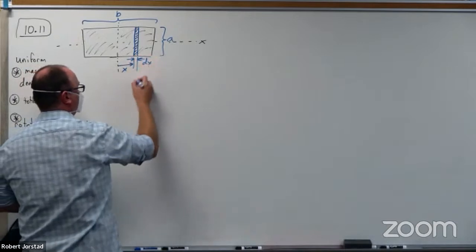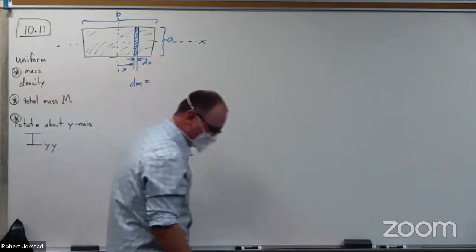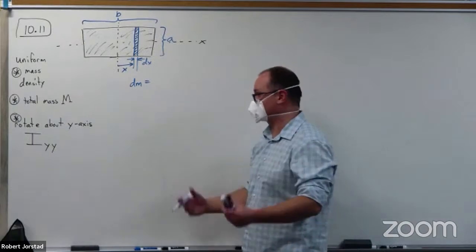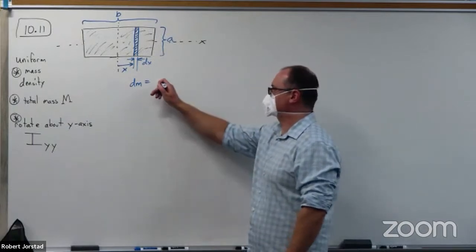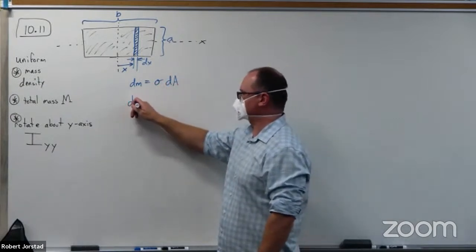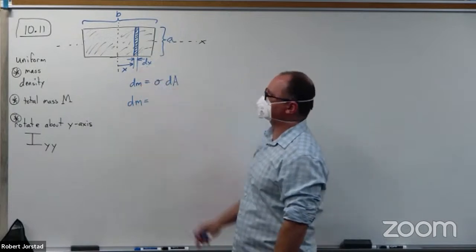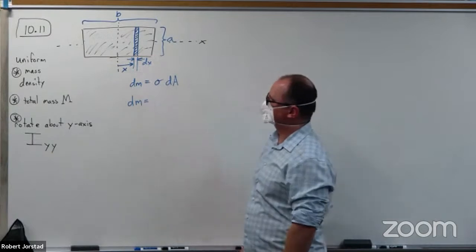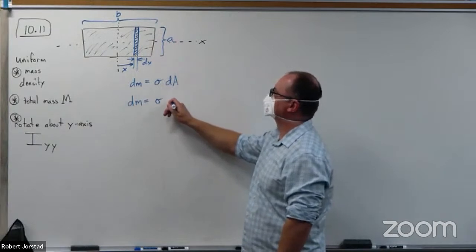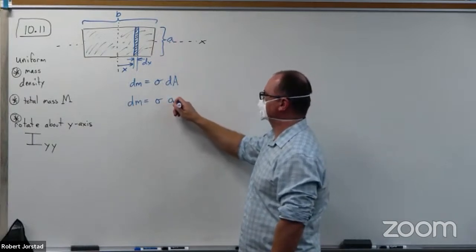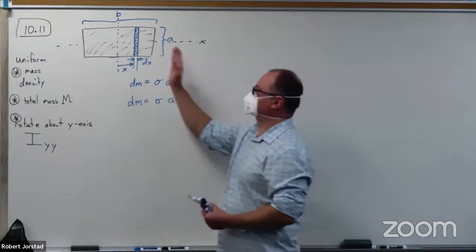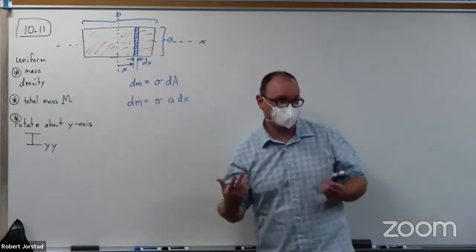This is dx. What's dm for a plate? Is it lambda dx, or is it something else? Sigma dA. What's the area of this slice? How wide is my slice? dx. How tall is my slice? A. So in this particular one, do you agree all the slices are A times dx in area?